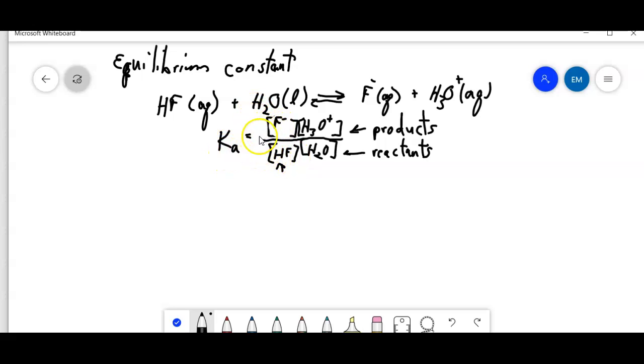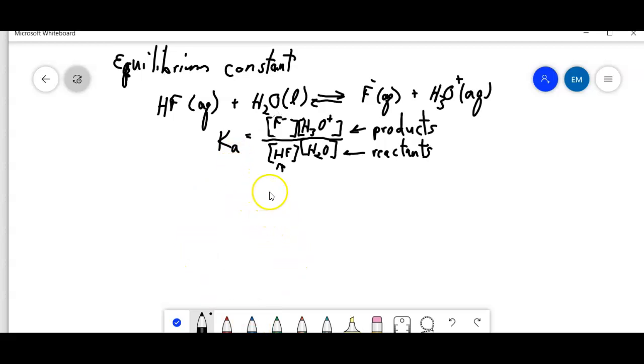And in order to compensate, you're going to need to generate more fluoride and hydronium ion in order to get back to the K sub A. And the same way, if you remove fluoride, you're going to make this number smaller, and you're going to drive it towards products. Bigger K sub A is favoring products.